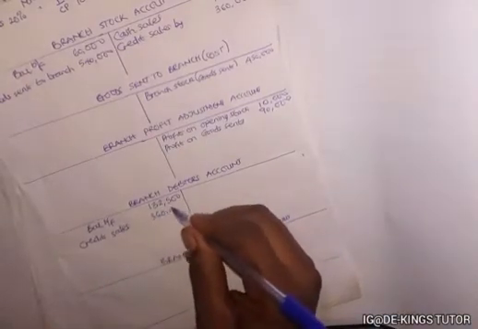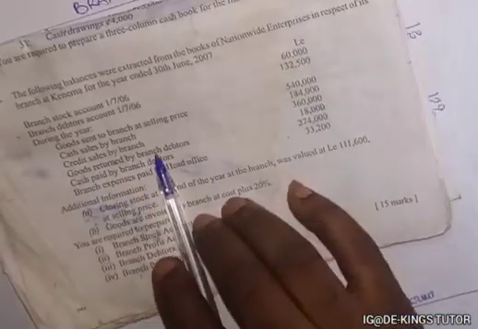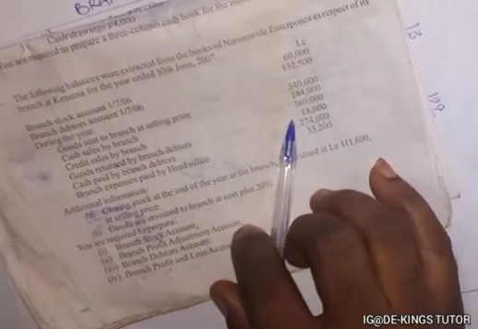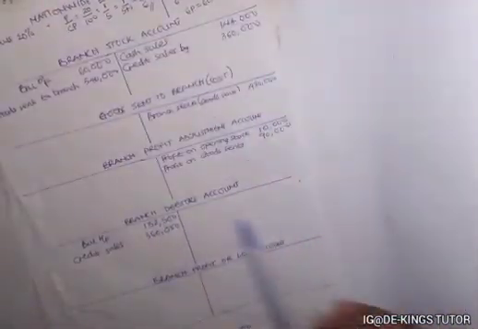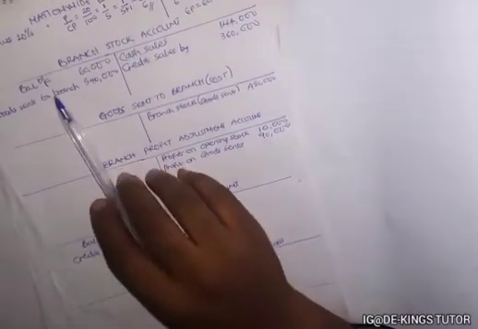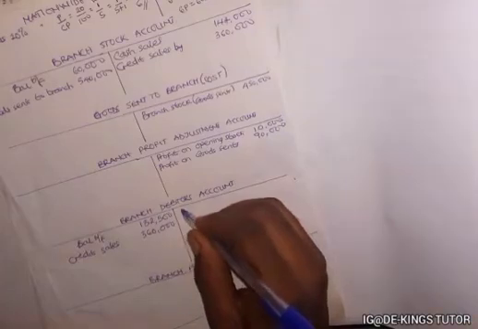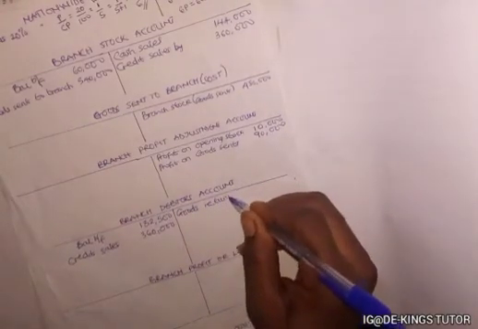360,000. Okay, so the next one, goods returned by branch debtors 18,000. Goods returned by branch debtors 18,000. So what's the double entry? You credit the branch debtors account because they are the ones returning it, and you debit the branch stock account. So we'll just write here goods returned.